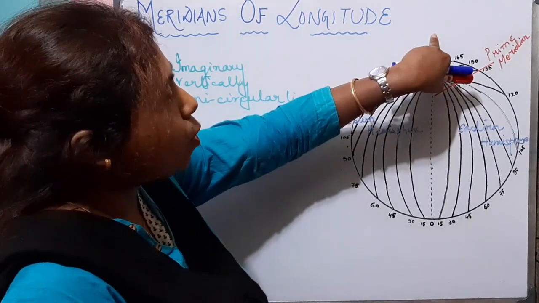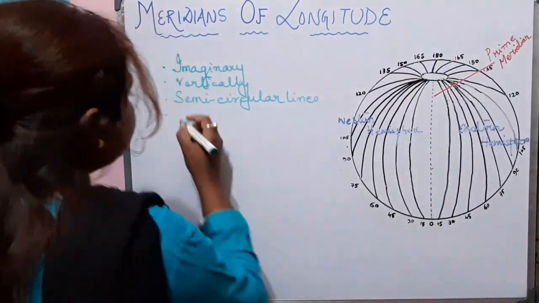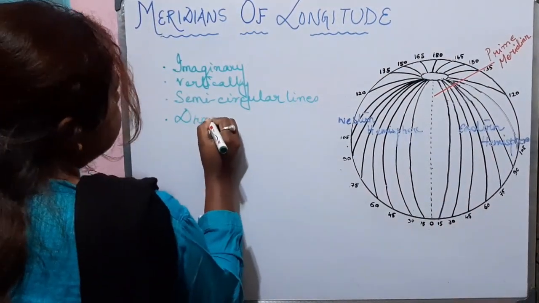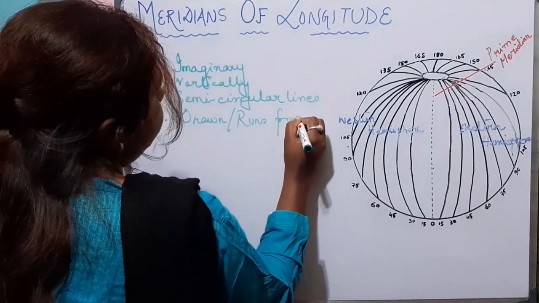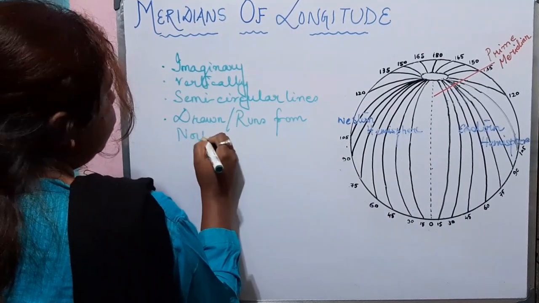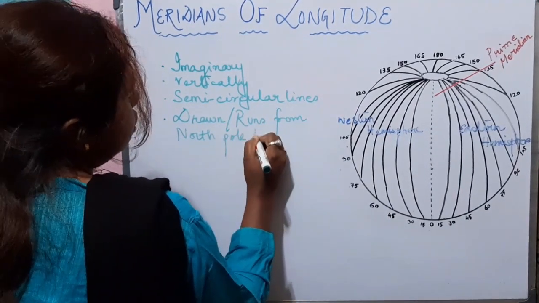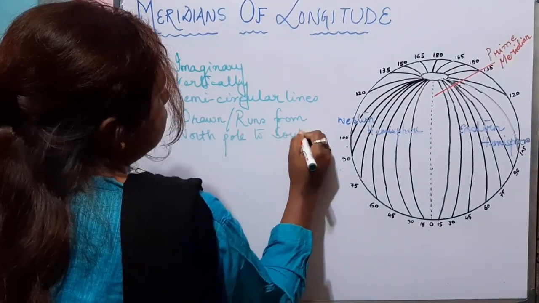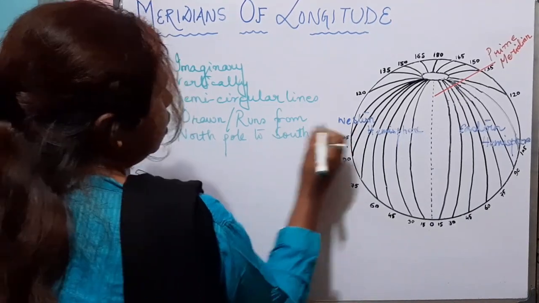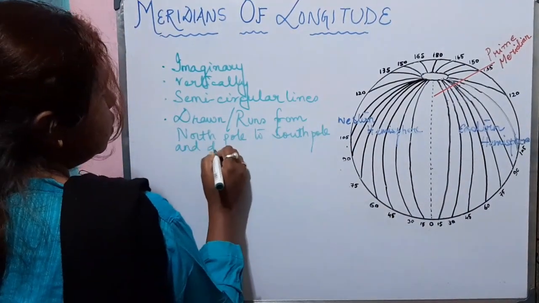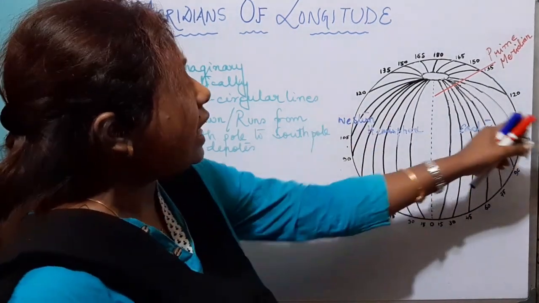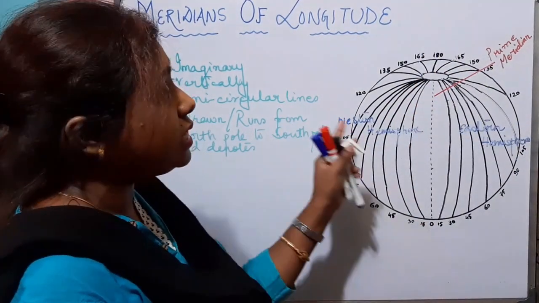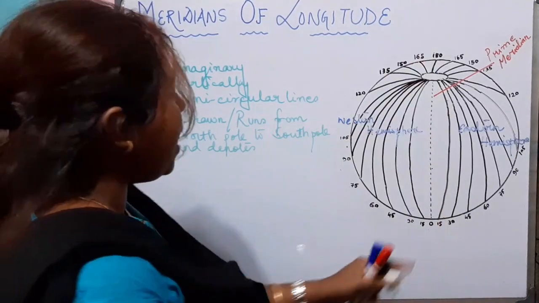These lines are drawn from North Pole to South Pole, and denote what? West or east of the prime meridian, because these are drawn on the basis of the prime meridian.